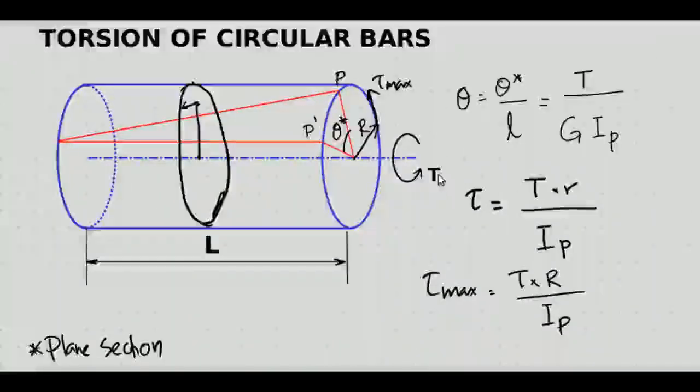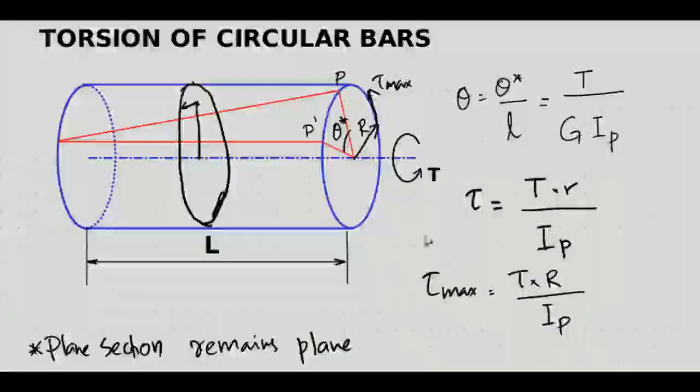So there is no distortion during twisting; plane sections remain plane. Any cross section you take will remain plane during twisting. That is the assumption we made while deriving these equations.